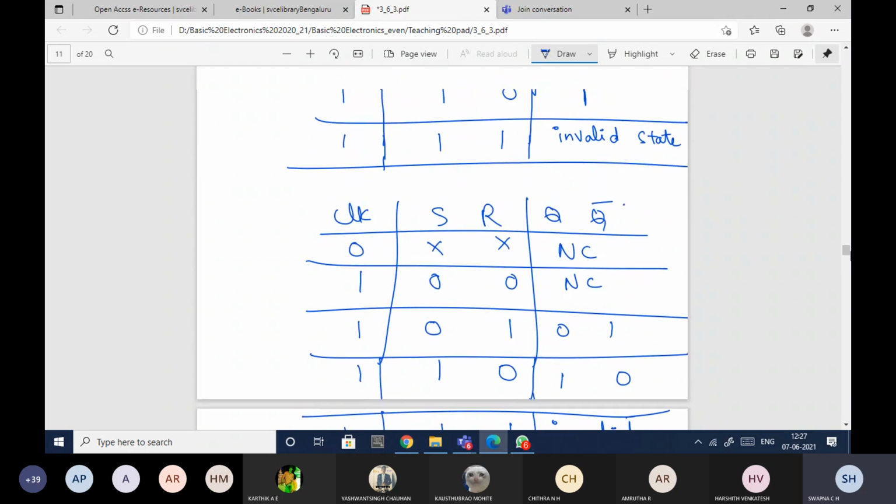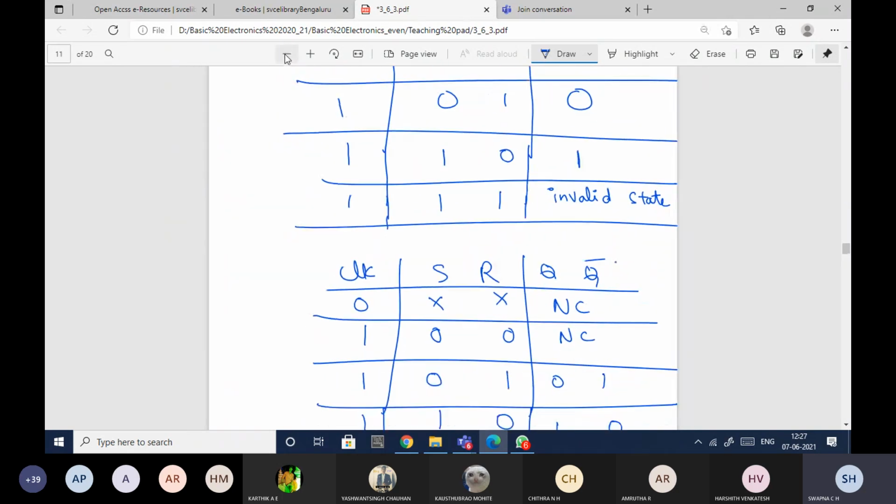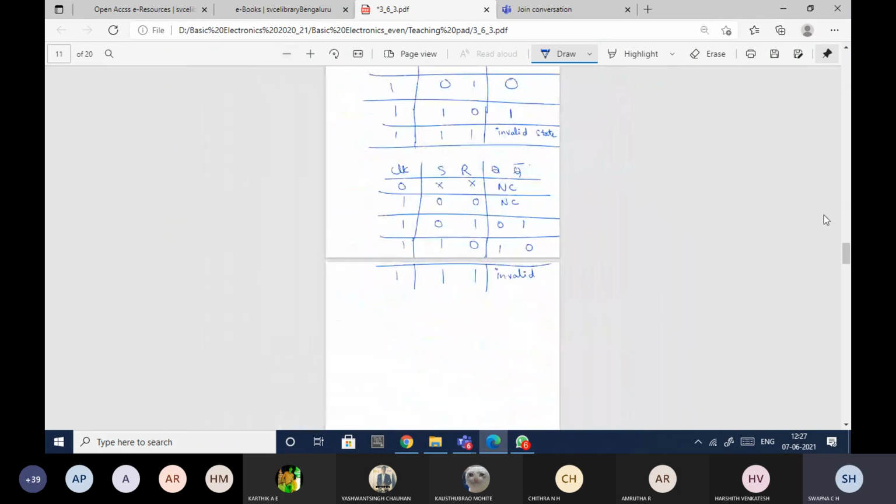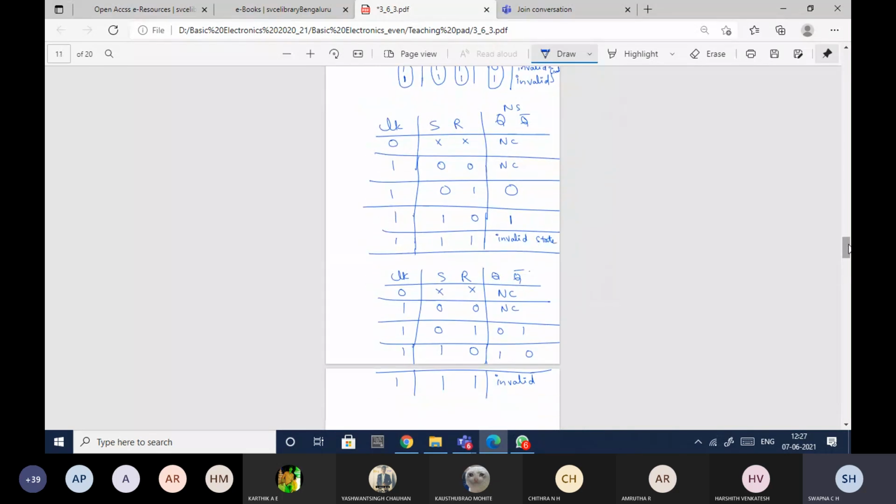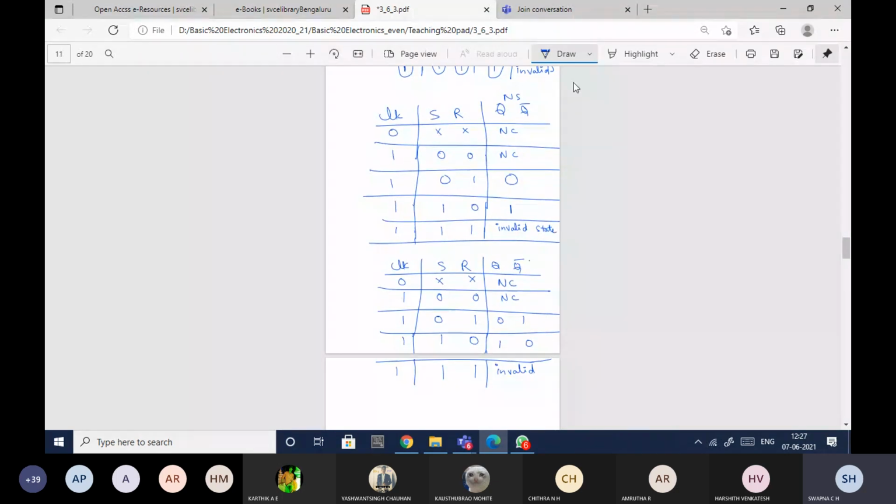Okay, so this is the other way of analyzing it. If you observe, I'll just minimize this so that you can see both the truth tables together. So if you just observe this one and this one, both are same or different? Is it the same table which we have got? Just check and let me know.